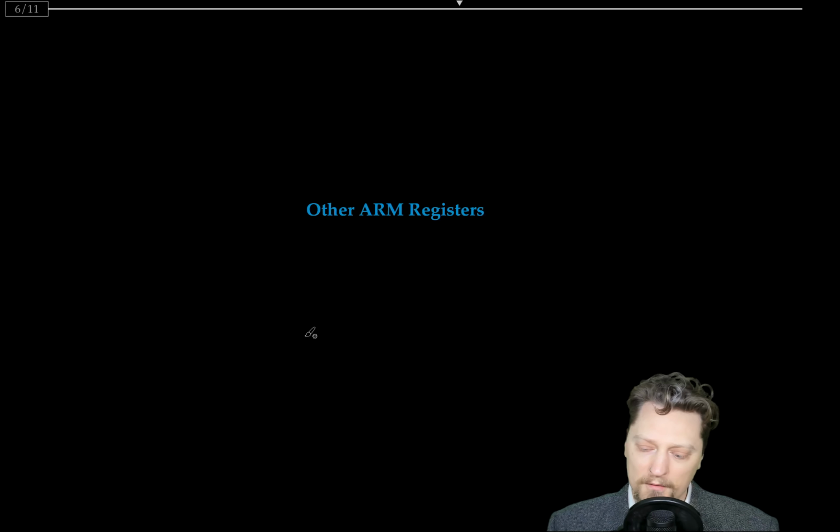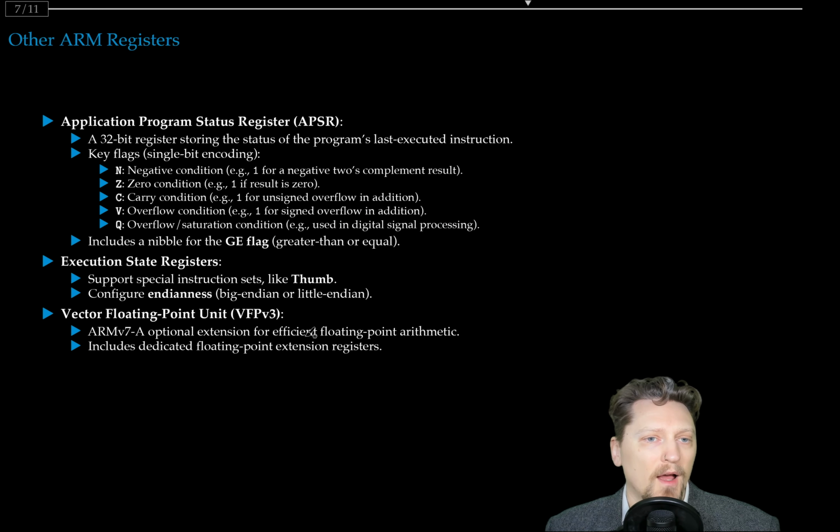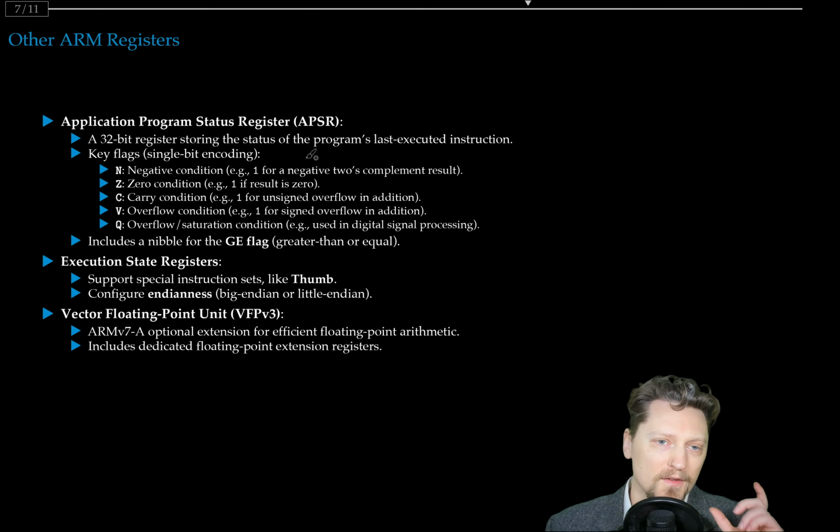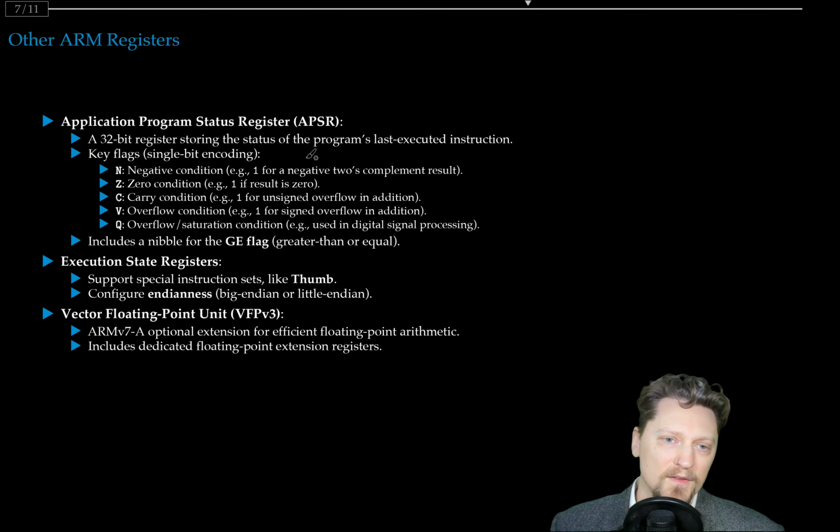The other ARM registers, we have the application status register, APSR, which is a 32-bit register storing the status of the program's last executed instruction. Key flags, which have single bit encoding, so this 32-bit register, each bit has some significance. N is the negative condition, and it is turned to 1 for a negative 2's complement result.